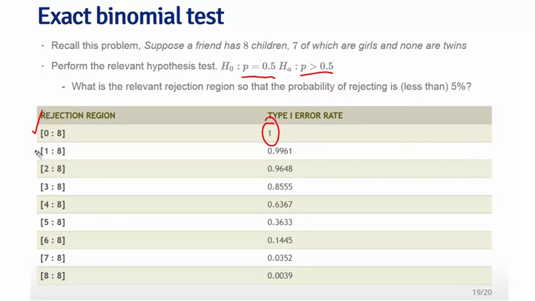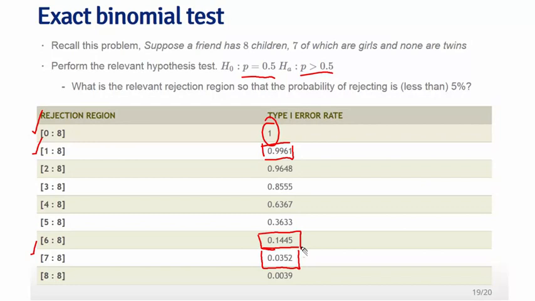If we set up the rejection region so that we reject if the couple has 1 to 8 girls, well, it's still not 5%. It's almost 1. And if we keep following down, let's say 7 girls, what we see is that if we set up our rejection region as being 7 or 8 girls, then the probability of rejecting under the null hypothesis is just under 5%. Notice we can't get it exactly equal to 5% because there's a jump.